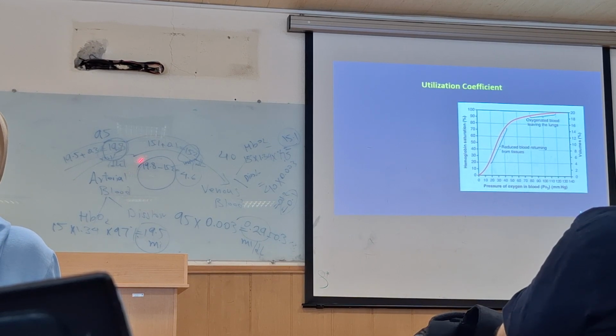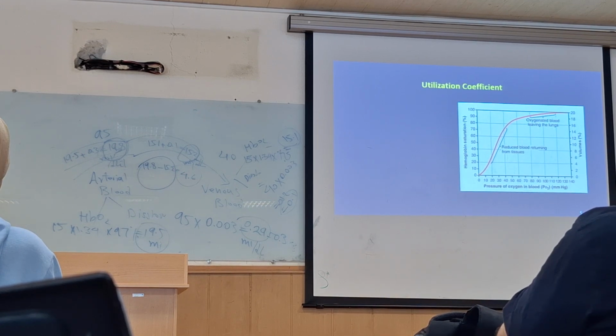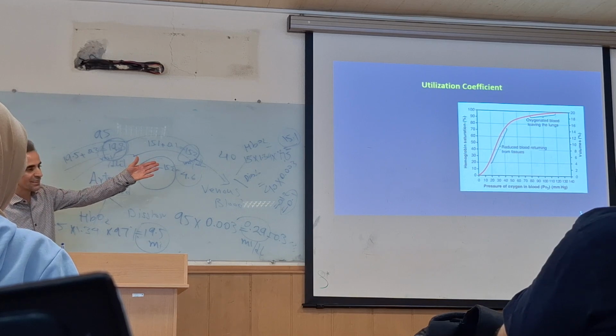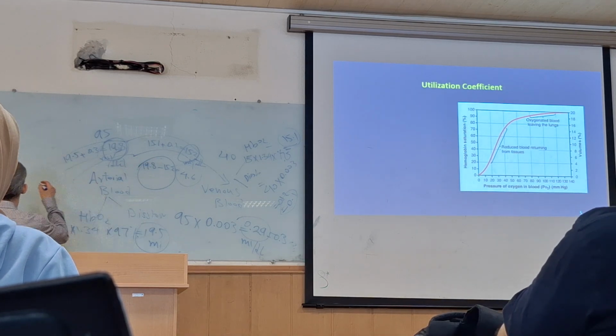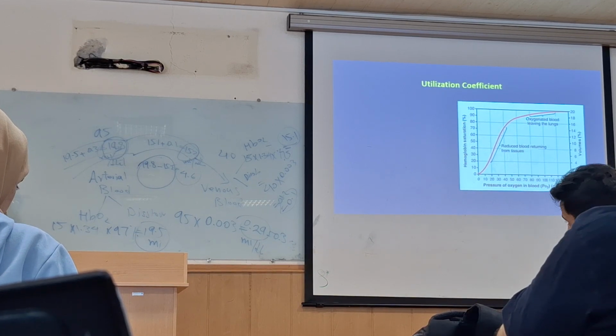From this amount, how much goes into the cells? 4.6. 4.6 is the amount of consumption, the amount of usage. By this I can calculate the utilization coefficient: 4.6 divided by 19.8.